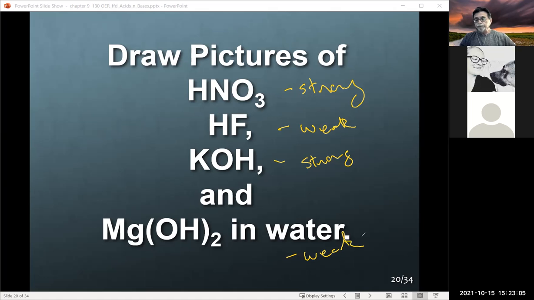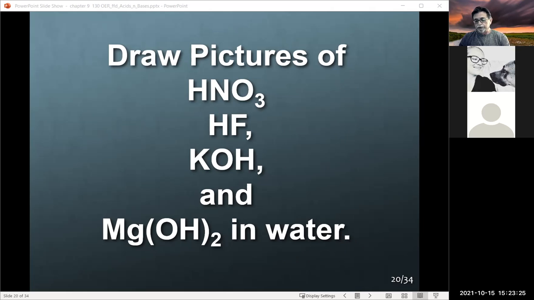Once we know that, we know how many ions to put in our drawings. Either some are still maintained together, or all of them are dissociated. So we have to answer the strength.